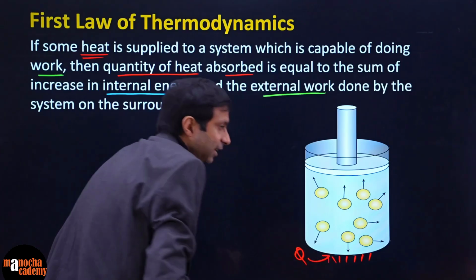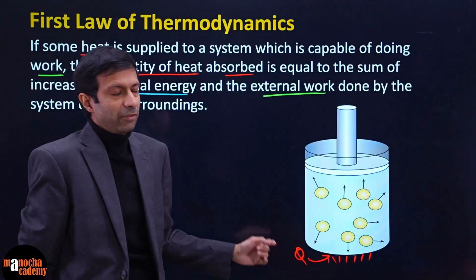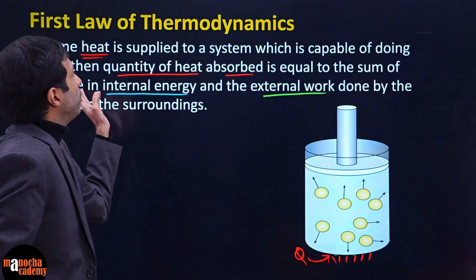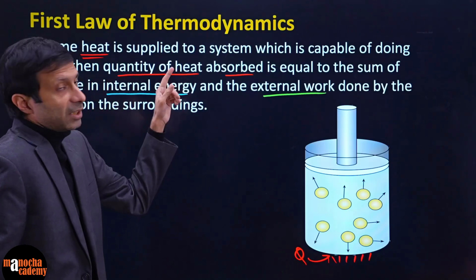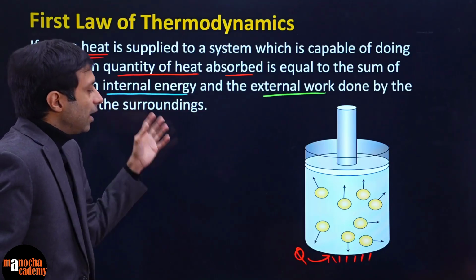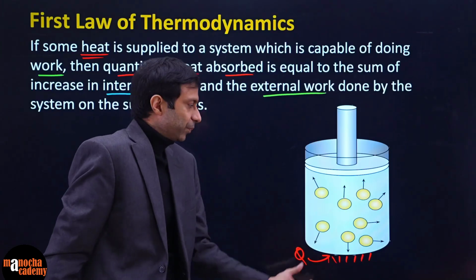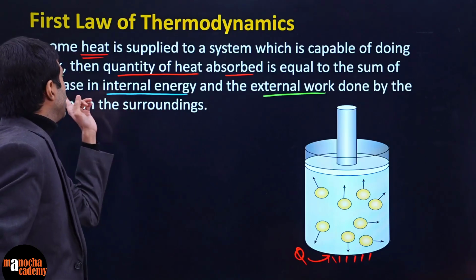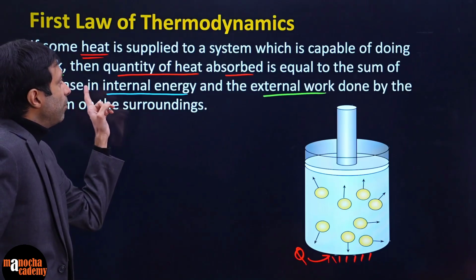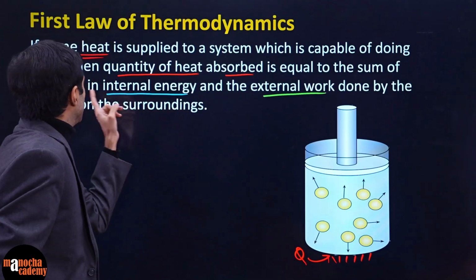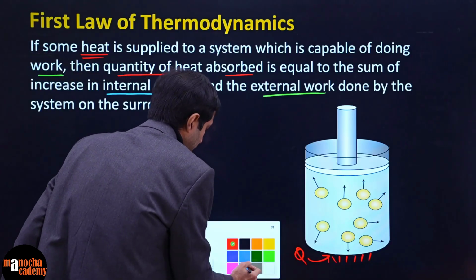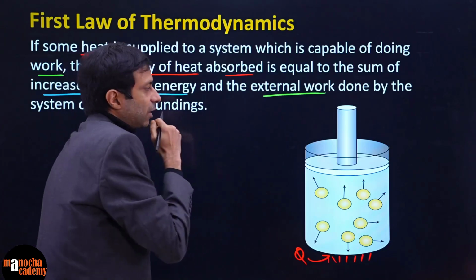So if some heat is supplied to the system, can all of you see that? Heat is supplied, and the system is capable of doing some work, then the quantity of heat that you're supplying, which is absorbed, is equal to the increase in internal energy and the external work done.